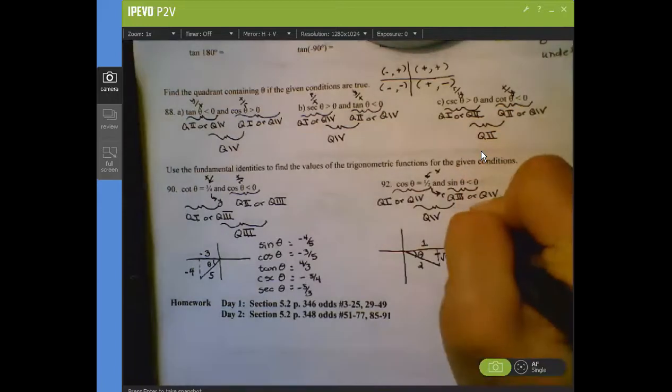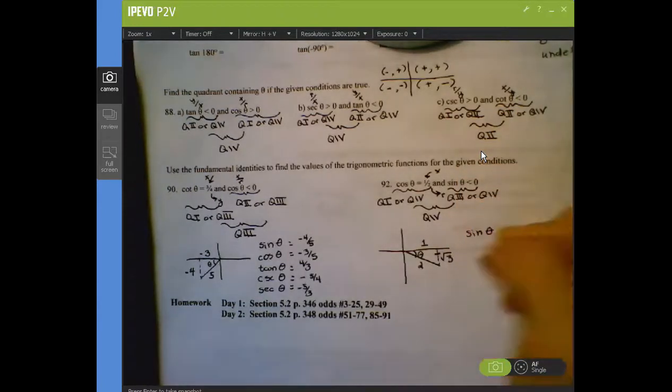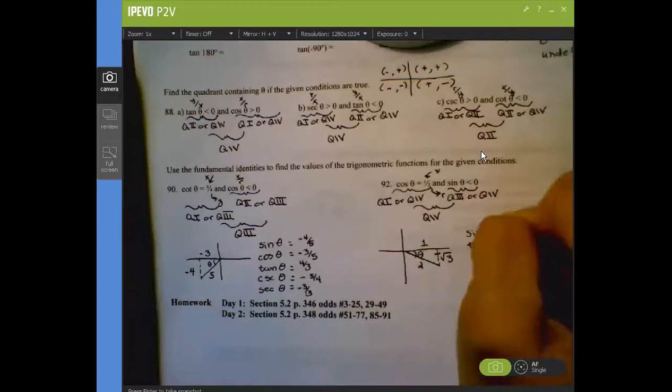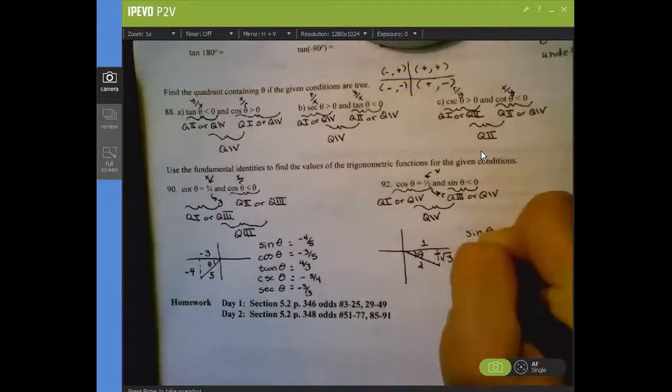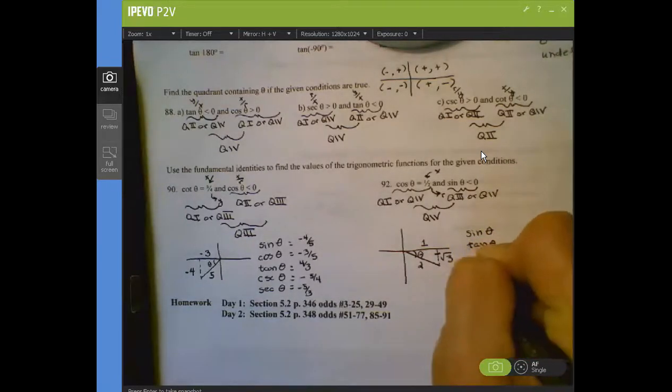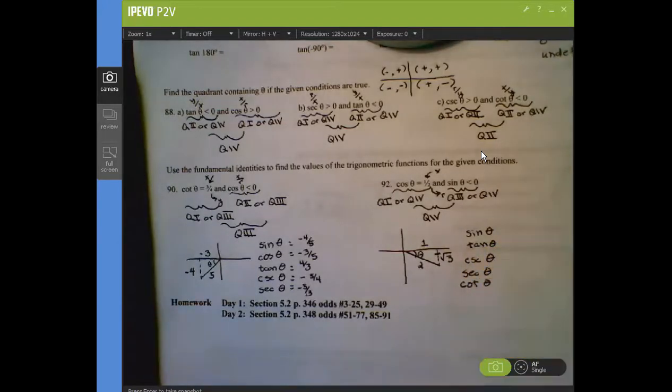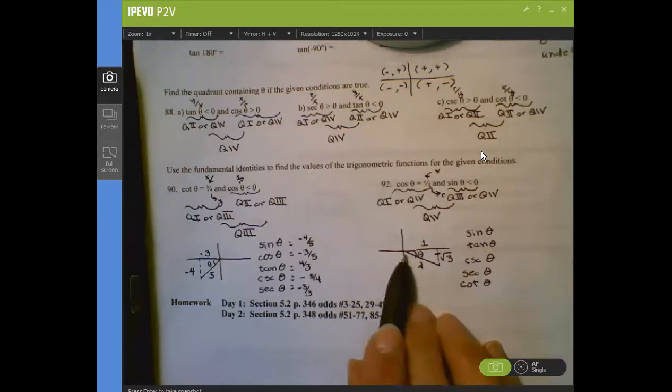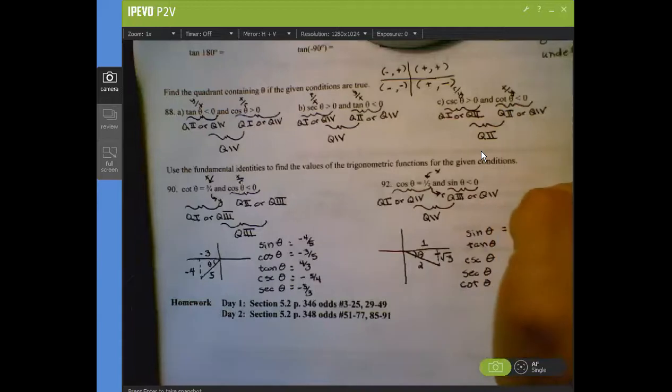We have cosine theta, we can find sine theta, tangent theta, cosecant theta, secant theta, and cotangent theta. Sine theta is opposite over hypotenuse, negative square root of 3 over 2.